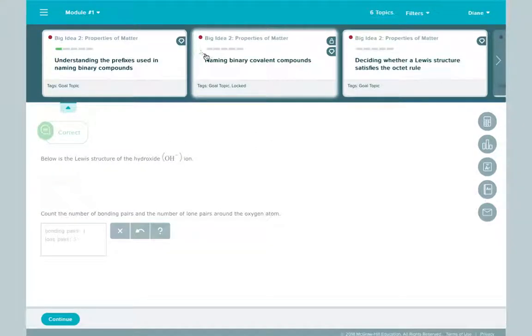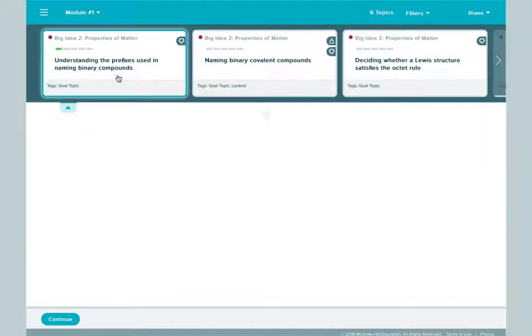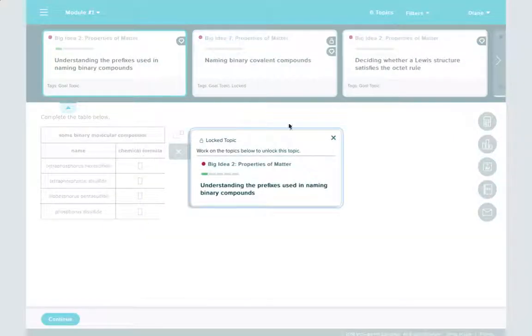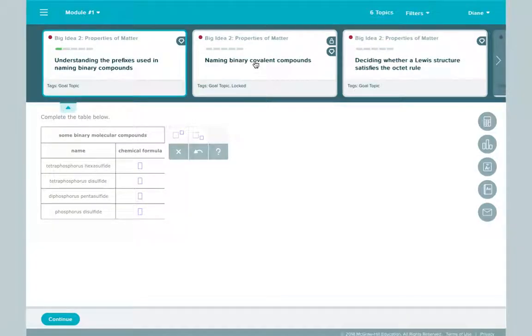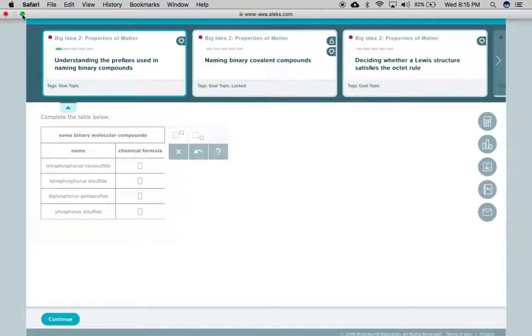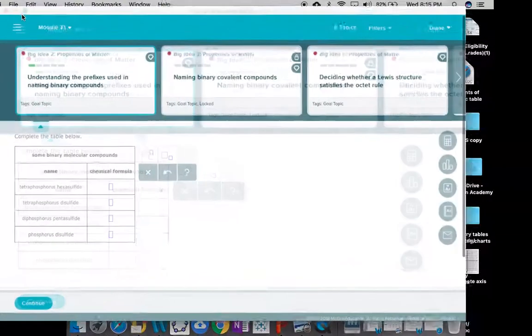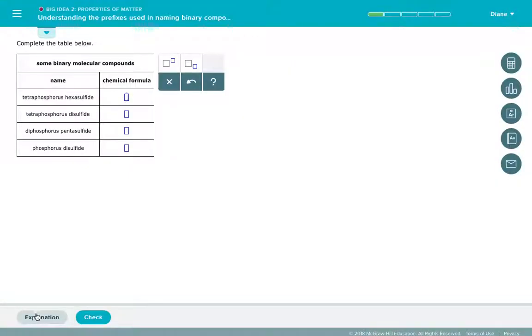All right, next idea. Naming binary covalent compounds. It's not going to let me get to that until I pass this. So let's quickly go through these.